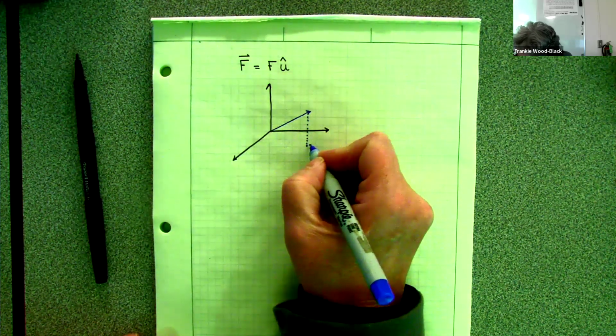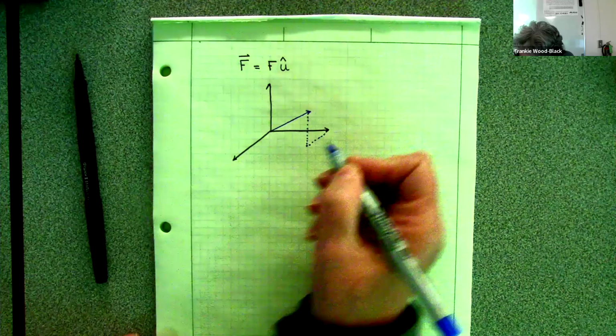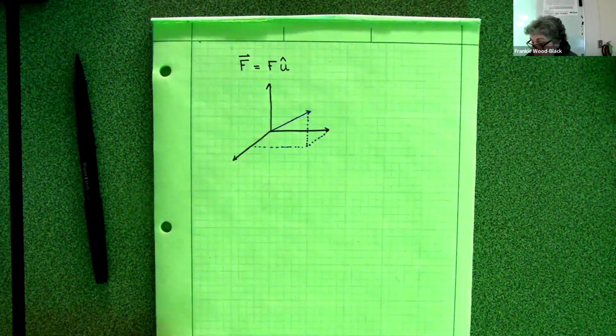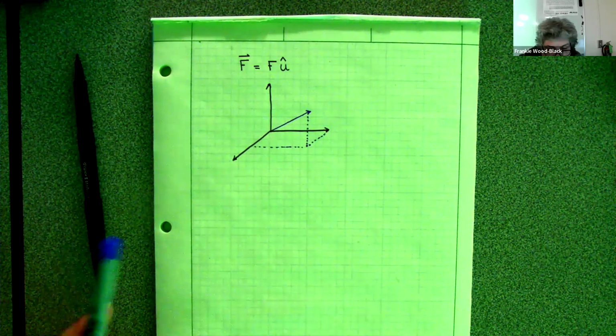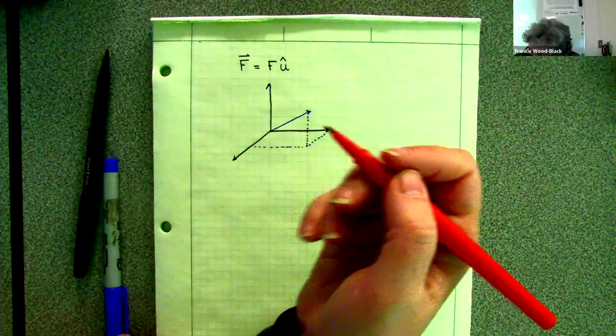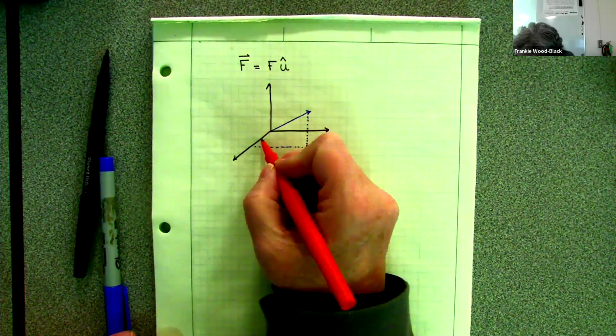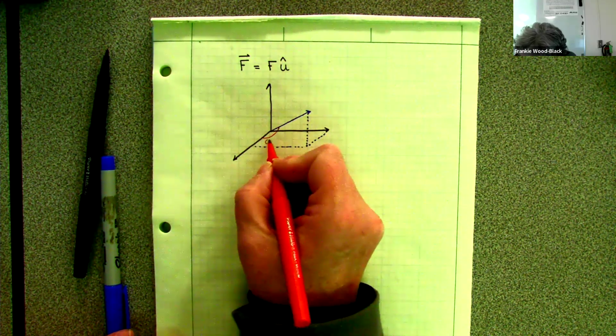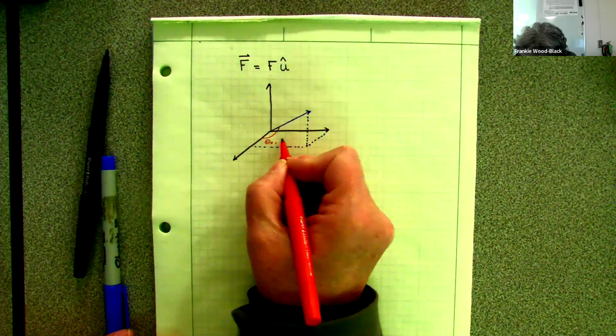So I get my projections on my various axes. There's my 3 dimensions. Going from my X to my vector, this could either be theta X or alpha.